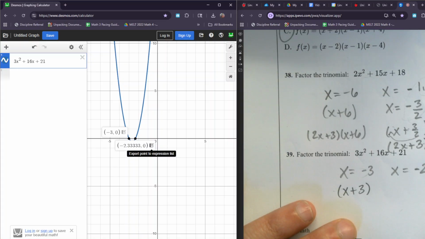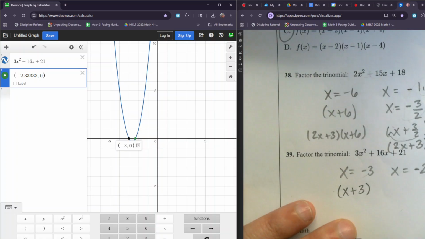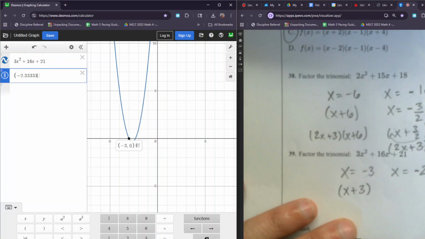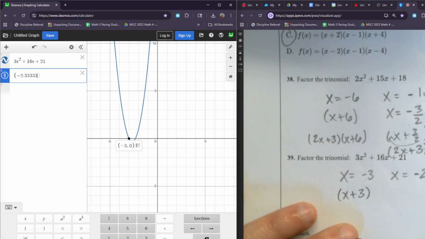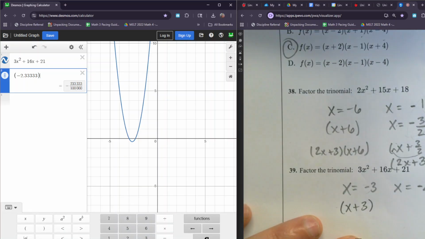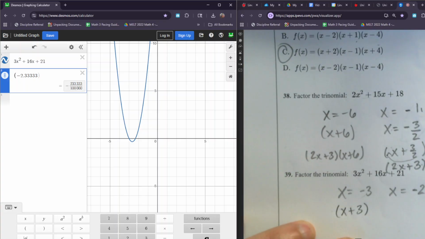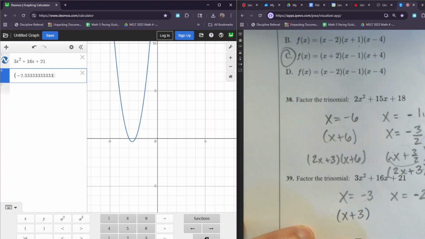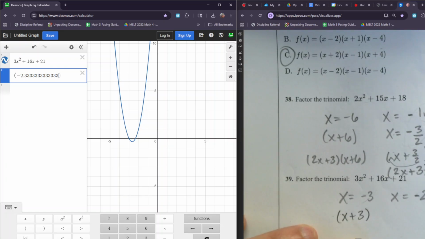Let it export it to the expression list, and then take this down. Now, if you look at it and the fraction looks funny, which is not something we can use, what you're going to do here is just keep mashing 3, because that's 3 repeating, until you see the division bar, the fraction bar to the left disappear. Then keep mashing 3 until it reappears.